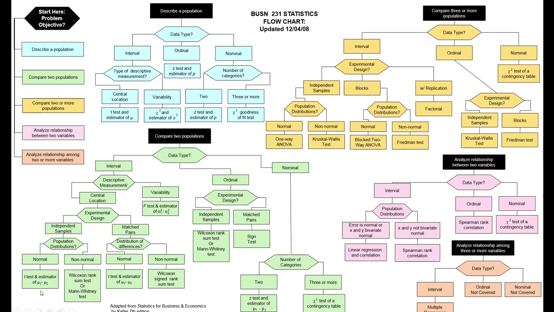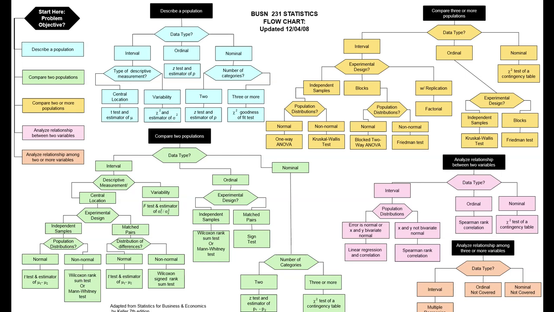You will have to use either t-test to evaluate mu1 minus mu2, or, according to this flowchart, Wilcoxon rank sum test to evaluate the relative position of medians, for example, population 1 versus population 2.